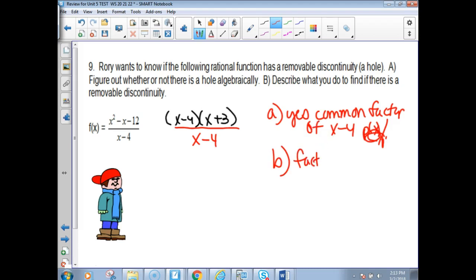Since it didn't say anything about p of x and q of x, let's just say it in more normal terms: factor the numerator and denominator.